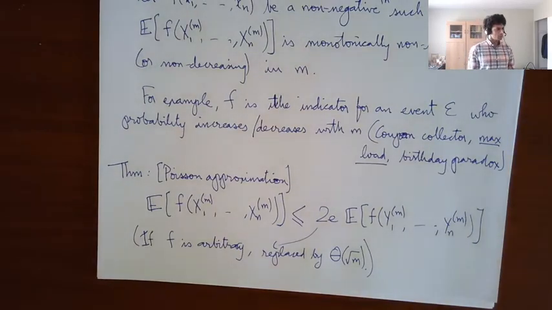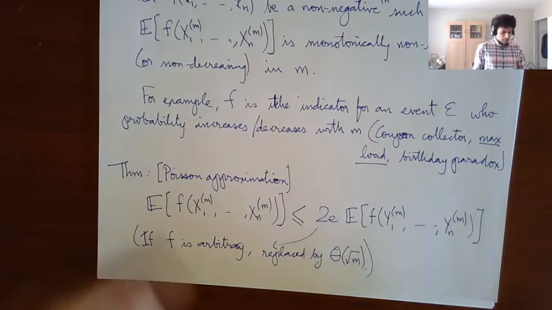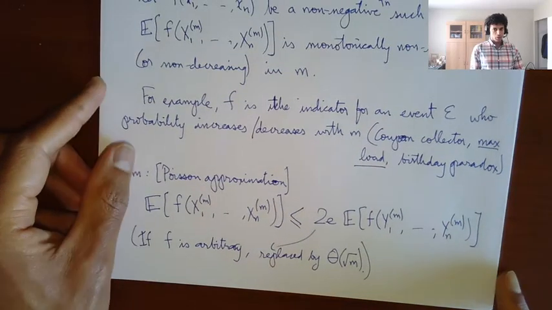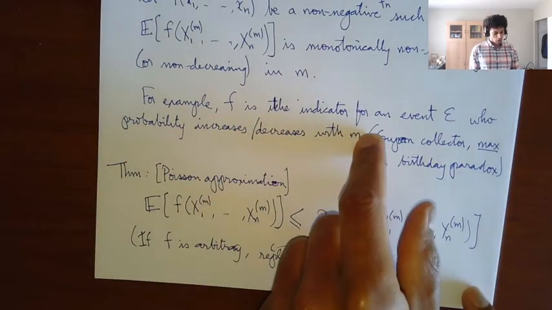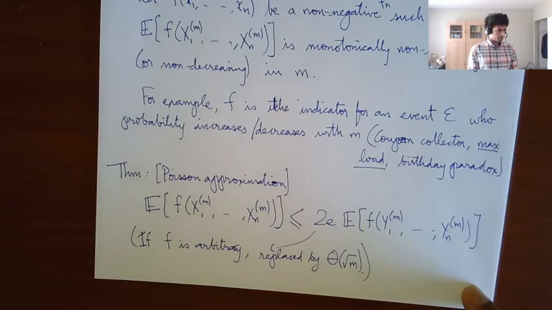So does this theorem make sense? The proof is fairly straightforward once you use the Poisson approximation. This doesn't say anything about lower bounds. Well, what you can do is look at the indicator for the complement event, and then you will get lower bounds.